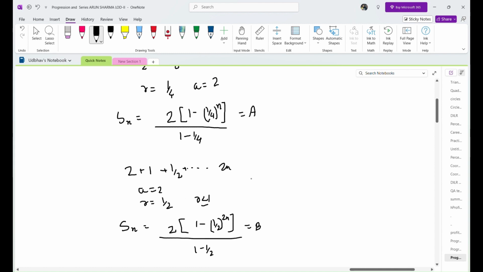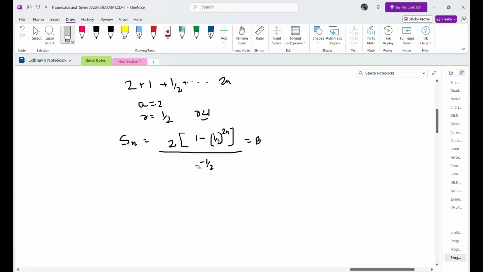We have to divide this. First we can write it in a simpler way. We can write 1 minus 1 upon 4 as 3 by 4, and we can take 3 here and 4 up here. Similarly for this one, we can write 1 here and we can take 2 here.